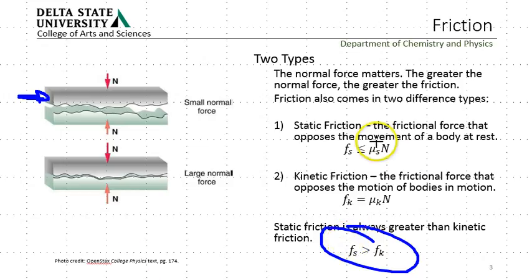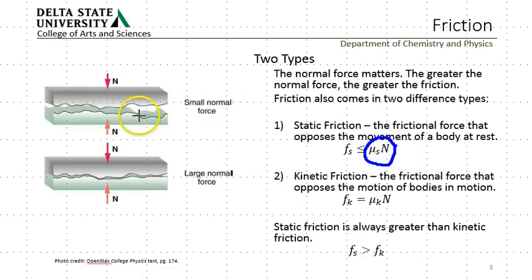The other thing to pay attention to, back to the less than or equal to sign here, is that this is the maximum static friction can be. If I've got a box up here and I'm pushing on it, but I'm pushing on it less than mu s times the normal force, then static friction only counteracts it.